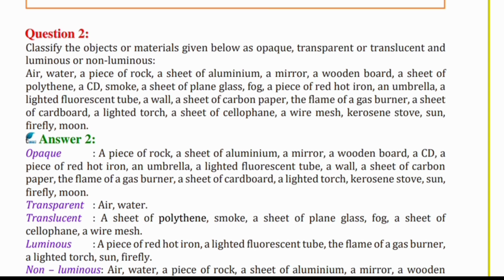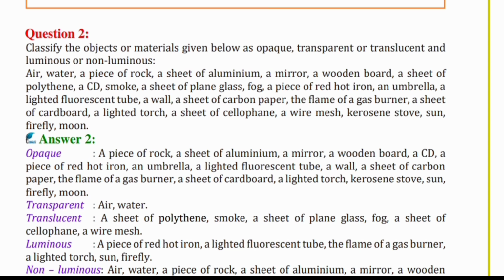A sheet of aluminium, a mirror, a wooden board, a CD, a piece of red hot iron, an umbrella, a lighted fluorescent tube, a wall, a sheet of carbon paper, the flame of a gas burner, a sheet of cardboard, a lighted torch, kerosene stove, sun, firefly, and moon. These are the objects which are opaque.